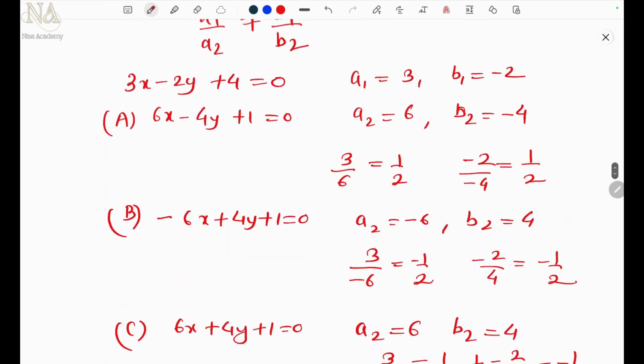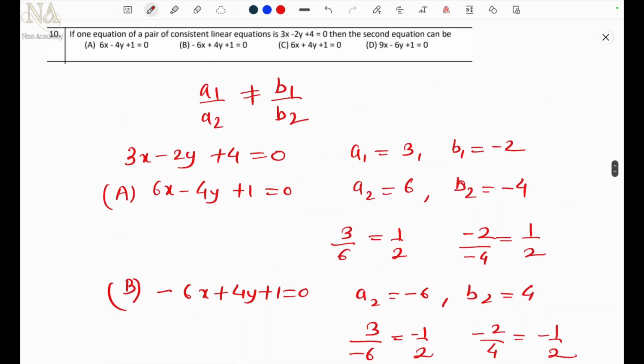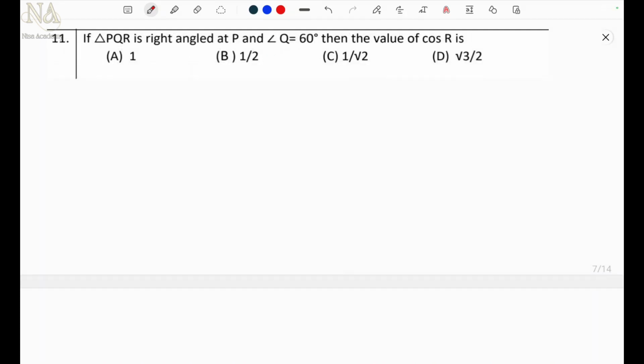So the equation 6x plus 4y plus 1 equal to 0 satisfies the condition A1 upon A2 not equal to B1 upon B2. So the correct option is C. Understood? So you have to remember all the three conditions.